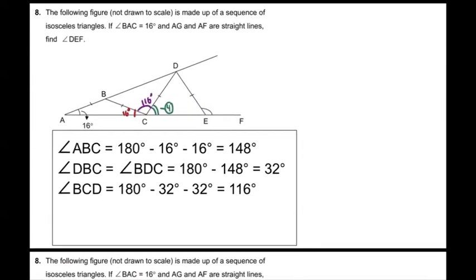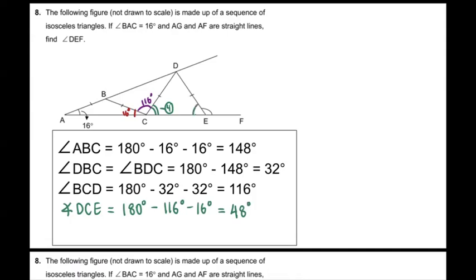Okay, so step number 4 would be DCE. So it's 180 minus 116 minus 16. That would give you 48 degrees.